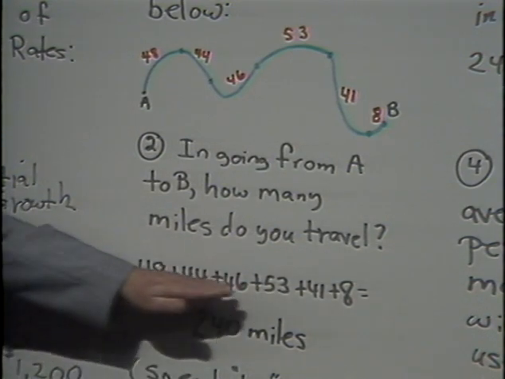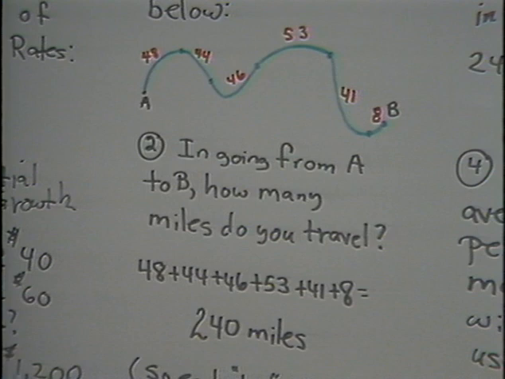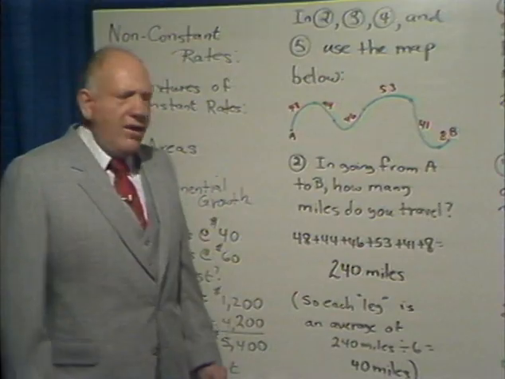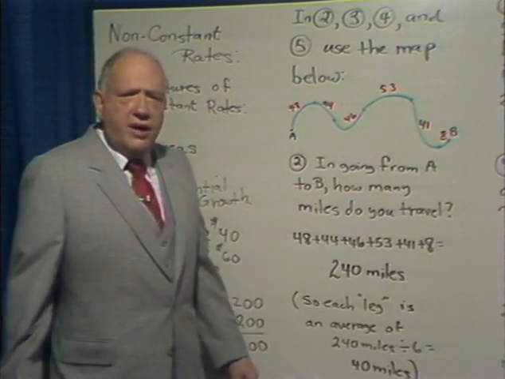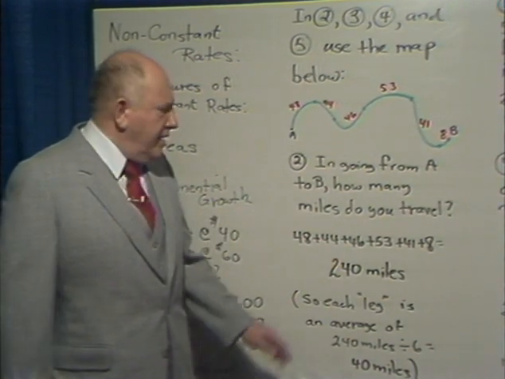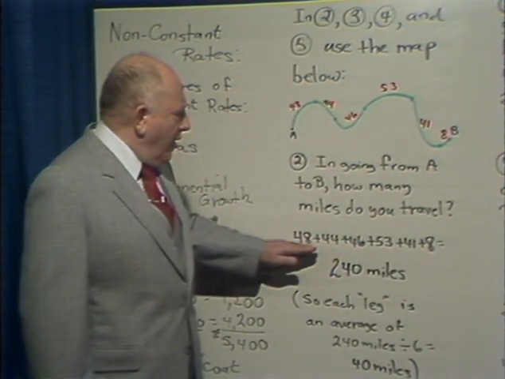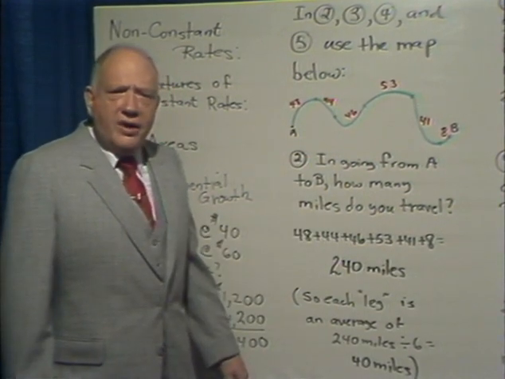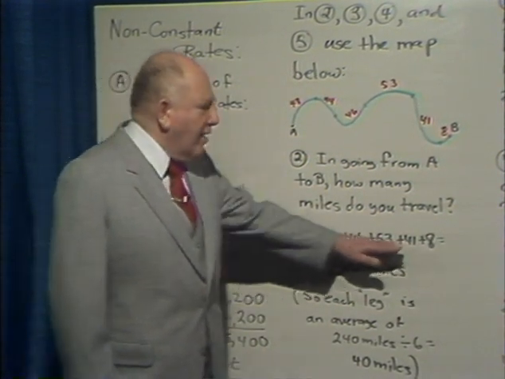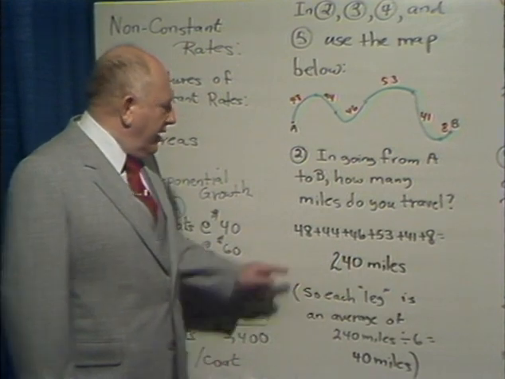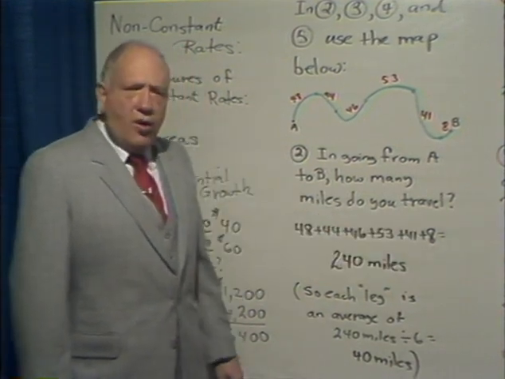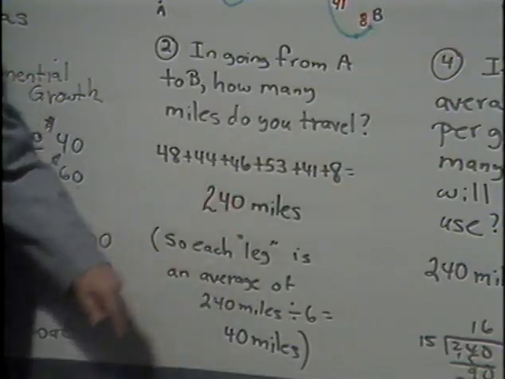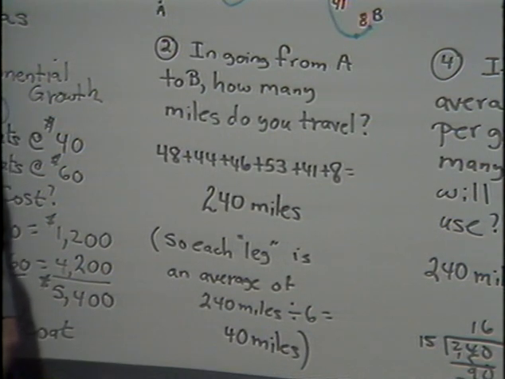I've deliberately written this in the horizontal form to emphasize that I'm expecting you to be using calculators. Obviously, for a problem of this type, it's just as easy to add them up without the calculator. But I think the vertical form suggests doing it longhand, and the horizontal form suggests using the calculator. You just enter these numbers in the order of their appearance or any way that you want, and it turns out that the length of this trip is 240 miles.